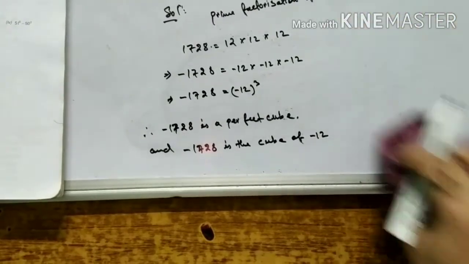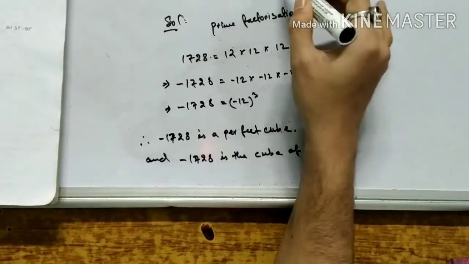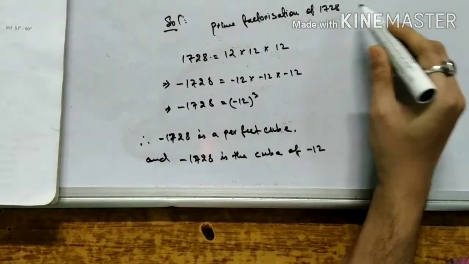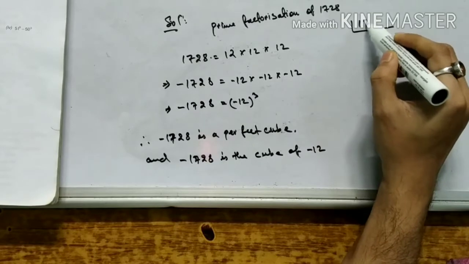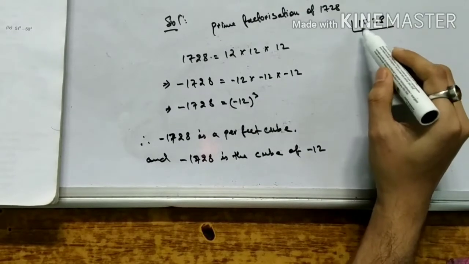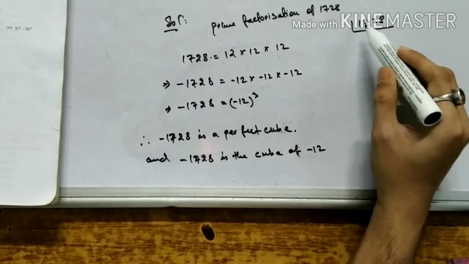so this one in here, first of all, so that minus 1728 is a perfect cube. So first of all, I will take out the prime factorization of 1728. Okay, I will take out the prime factorization of 1728.